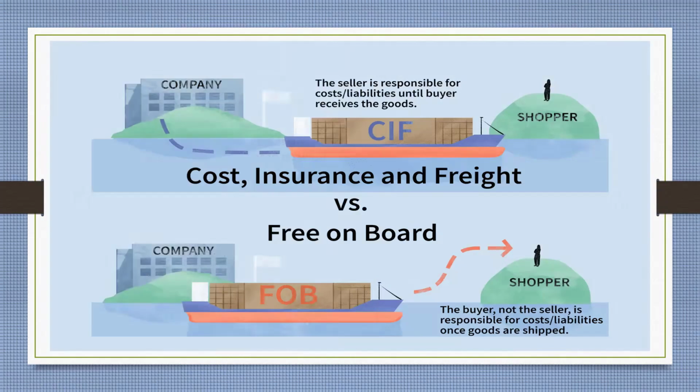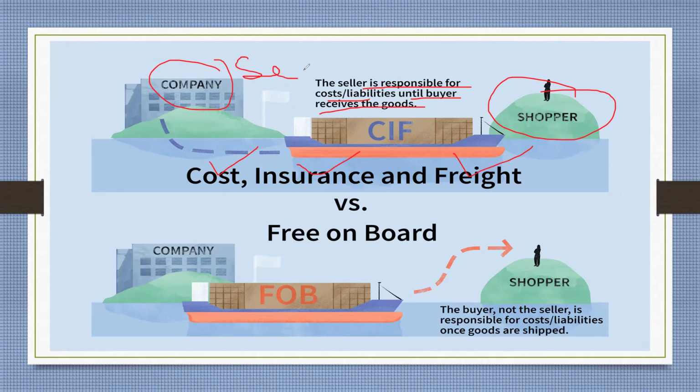So this is about CIF and FOB. Free on board and CIF. Here is the company, and he is a shopper who wants to purchase. With CIF, the seller is responsible for cost liability until the buyer receives the goods. Which cost? Insurance and freight. So all will be on the seller.